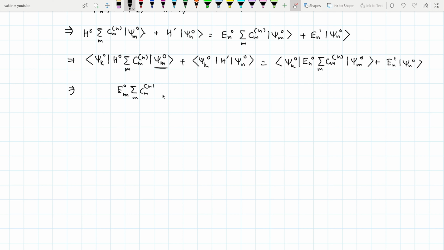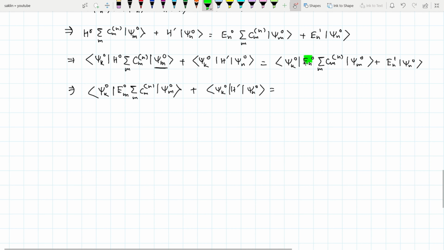I am keeping the summation because in the next line I will take it outside of this term. And here also the same thing: the energy eigenvalue is only a number, so we can take it outside, and we are also taking the summation outside.